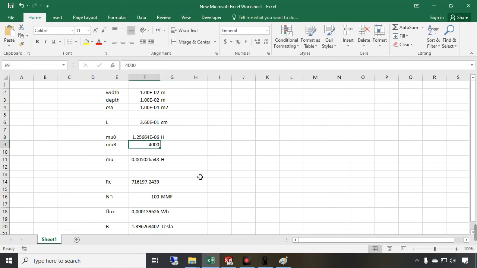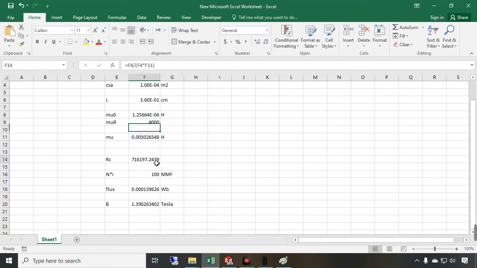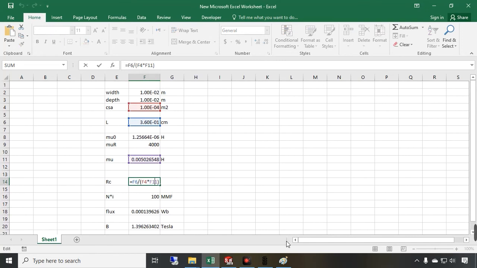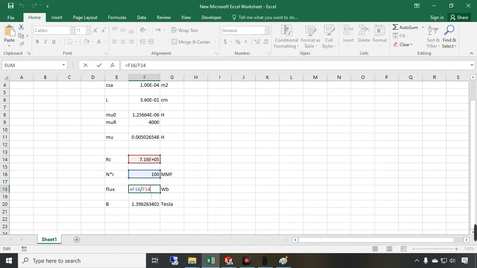This is the relative permeability of the iron, and this is the permeability of the iron core. So the reluctance of the core is equal to the mean length divided by the permeability of the iron core times the cross-sectional area, this equation. And we have this MMF. So the value of flux is MMF divided by the reluctance of the core.